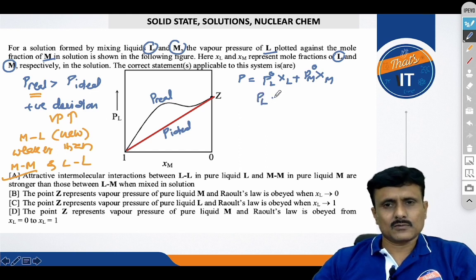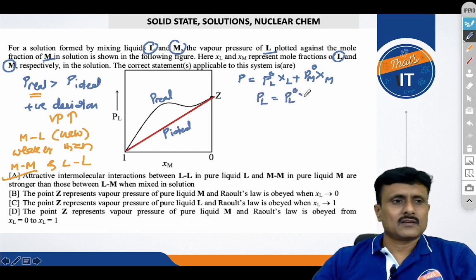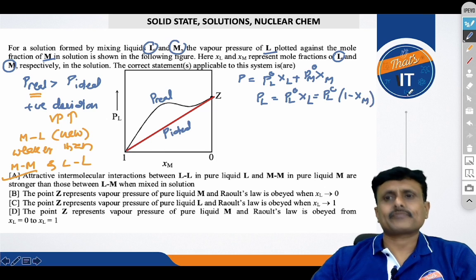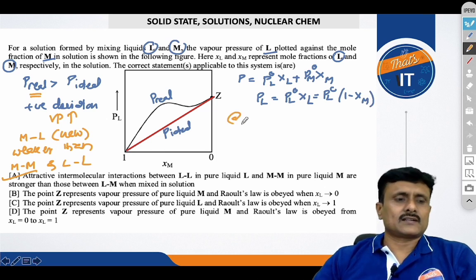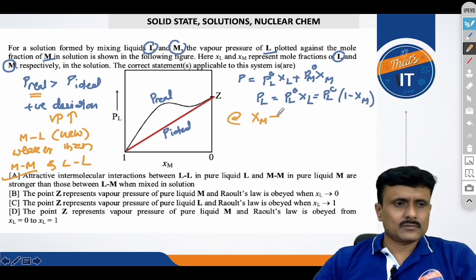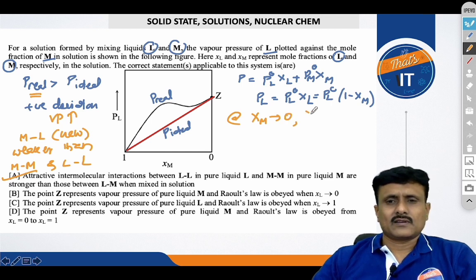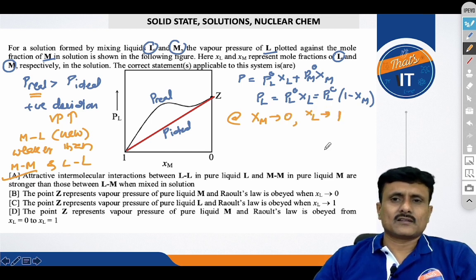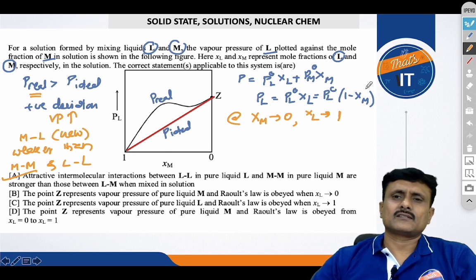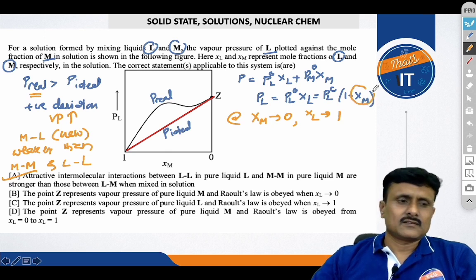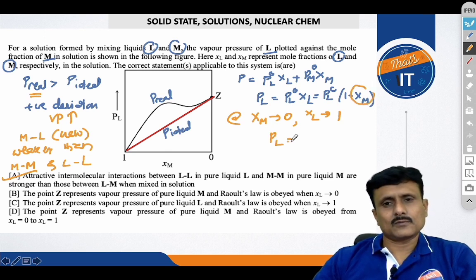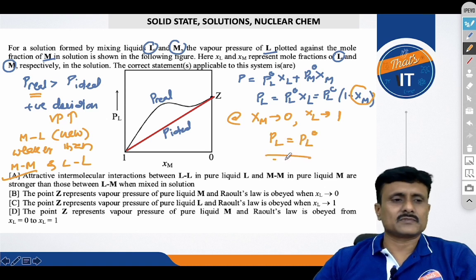PL equal to PL naught XL, so PL naught into 1 minus XM. Now you can see that at XM tends to 0, XL tends to 1. You can see the PL value from this expression.